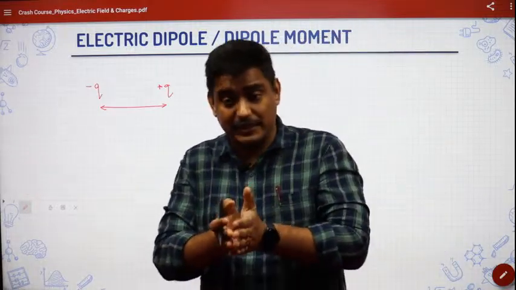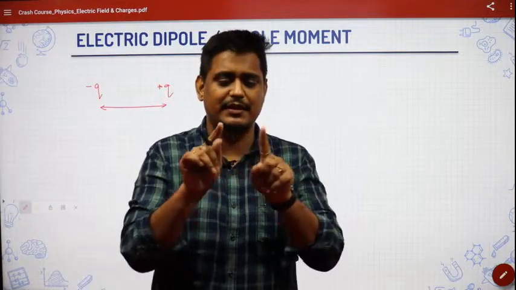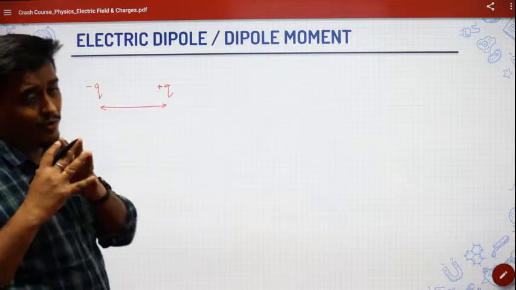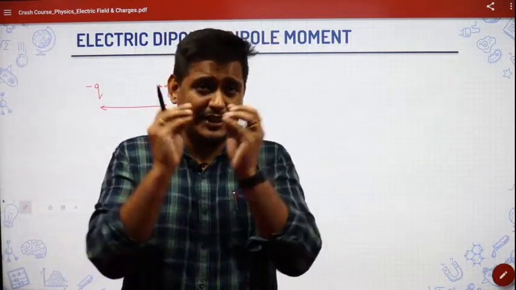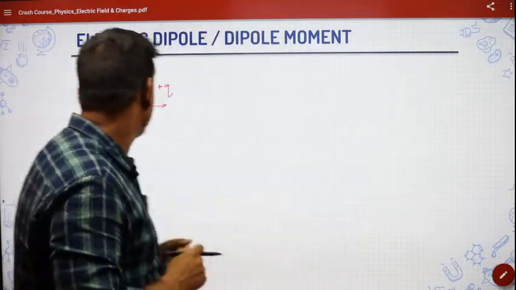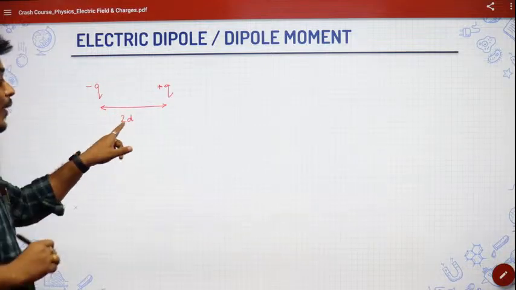So even the strength of the dipole is governed by the distance between them. For an ideal dipole, we want a very small distance and charges to be very large. Remember this. The distance I'm taking as 2d, and I have explained why this 2d is taken.